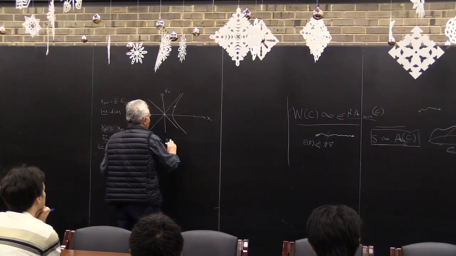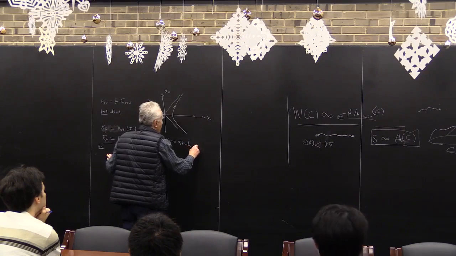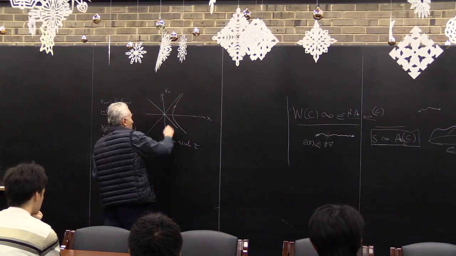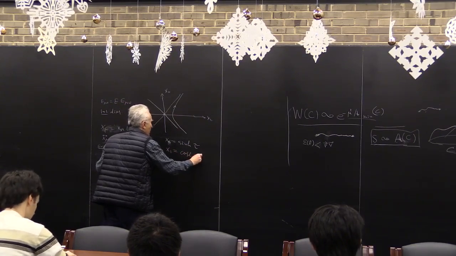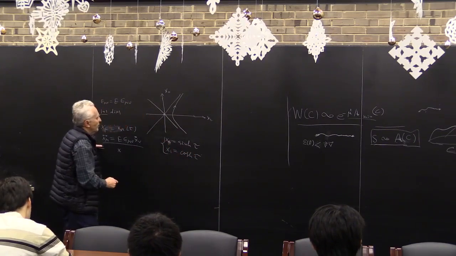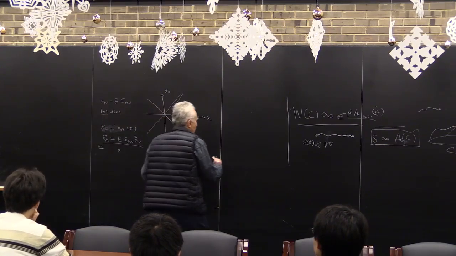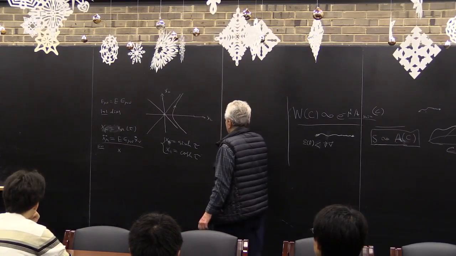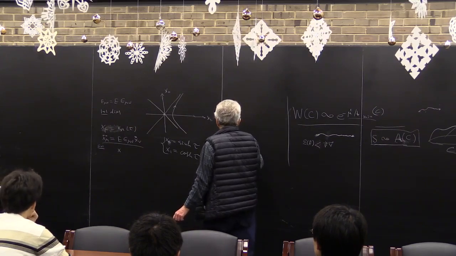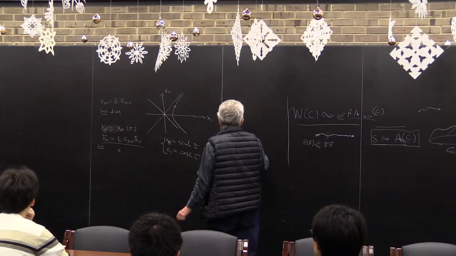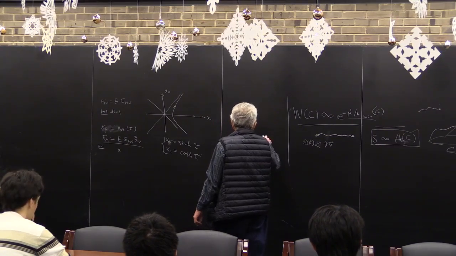So we can parameterize x0 as sinh tau, and x1 as cosh tau. We can also write it down by introducing x1 plus or minus x0, which will be e to the plus or minus tau.